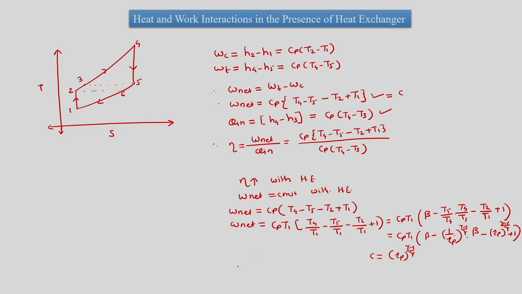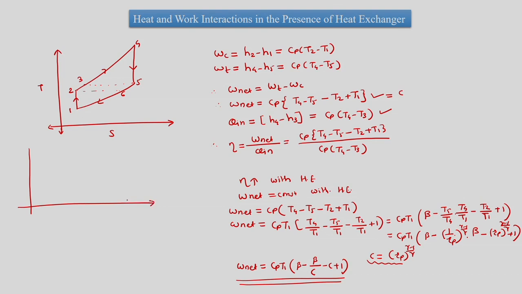W net as Cp T1 into beta minus beta upon C minus C plus 1. So this would be the simplified formula for W net, and we can use this formula for analyzing the plot, or we can rather use this to plot non-dimensional W net, as W net upon Cp T1 versus Rp.